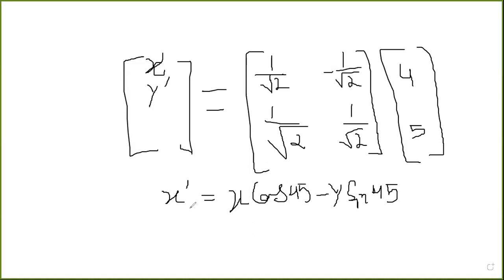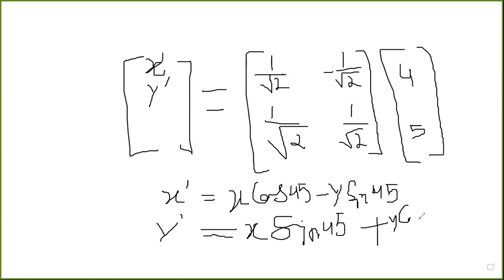Y dash equal to x sin 45 plus y cos 45. Clear? Both are similar.